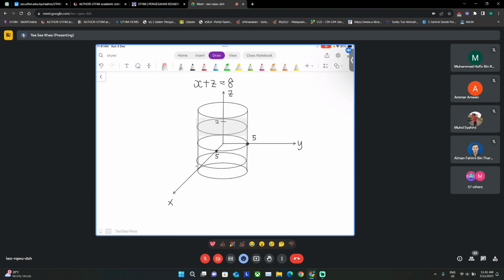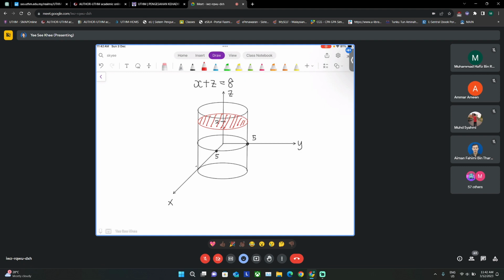Okay, one more of this. You use this plane to cut this thing. And x plus z equals 8. Okay, x plus z equals 8.